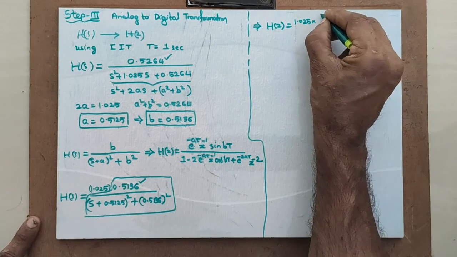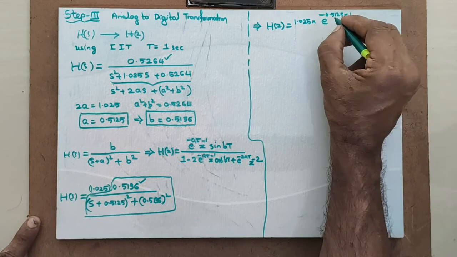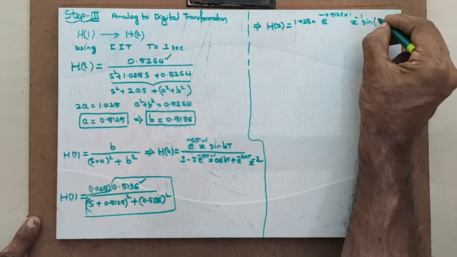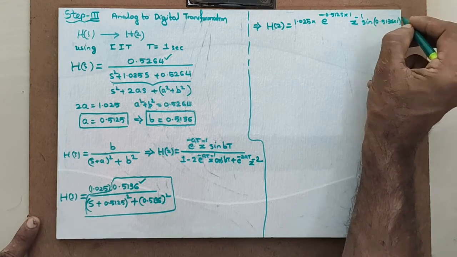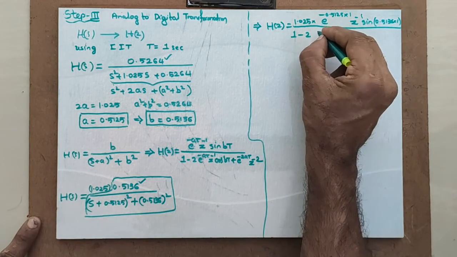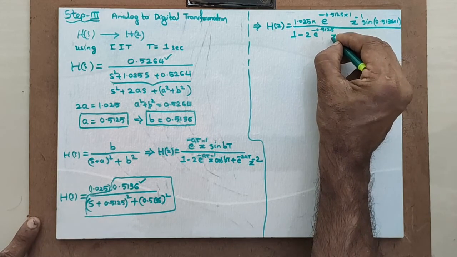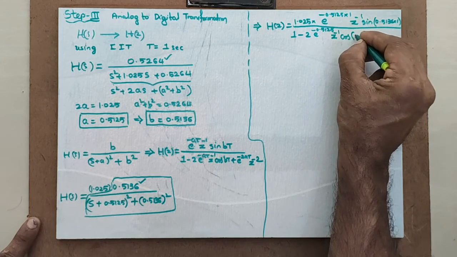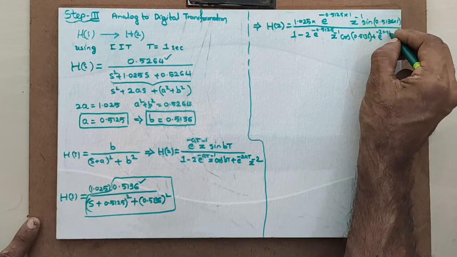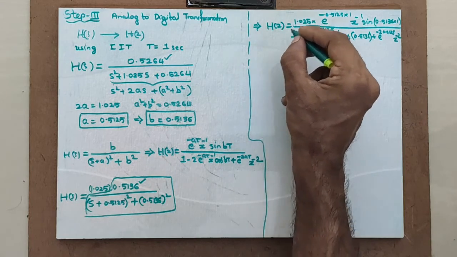Hence, e raised to minus a, which is 0.5125, t is 1, e raised to minus at, z raised to minus 1, sin bt, b is 0.5136 into t is 1 second, okay, whole divided by 1 minus 2 e raised to minus at, 0.5125, t is 1, z raised to minus 1, cos b, b is 0.5136, bt plus e raised to minus 2a, 0.5125, z raised to minus 2, right? Hence H(z) I have written.